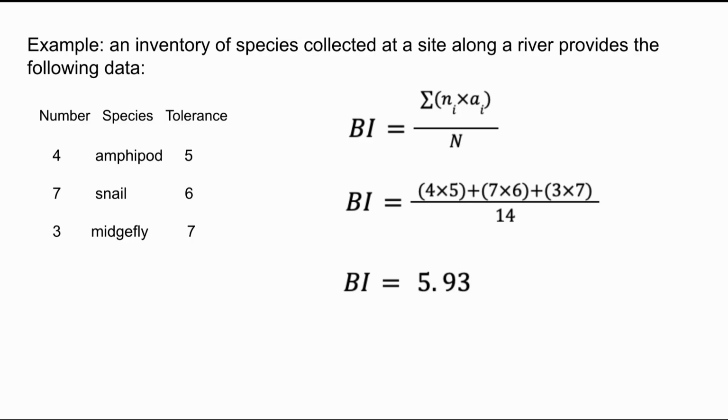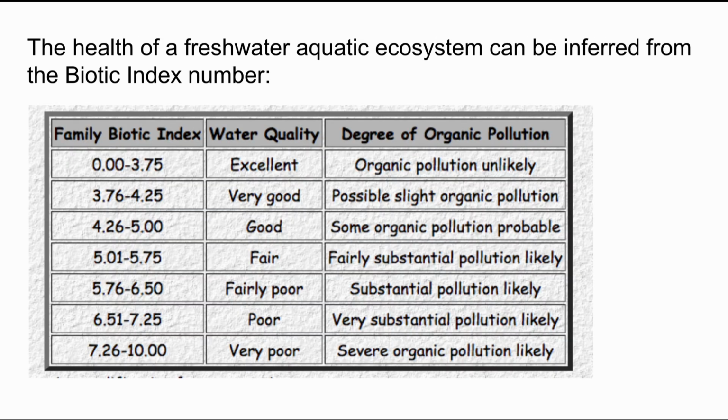So once I have established what that biotic index is, I can use it to compare it to other streams. Basically, you could say if I have a biotic index that's less than 3.75, I have excellent water quality. I have good DO. I don't have much organic pollutants. And what I find is, as these numbers get bigger, it's becoming worse.